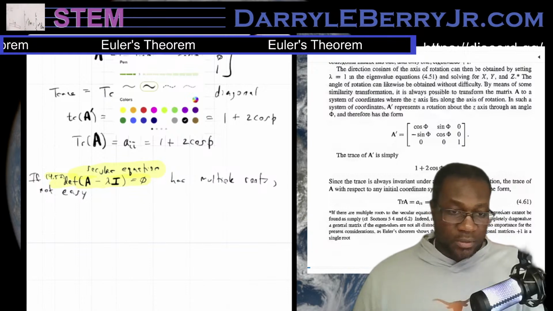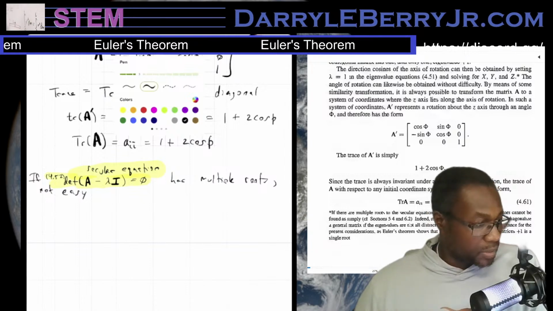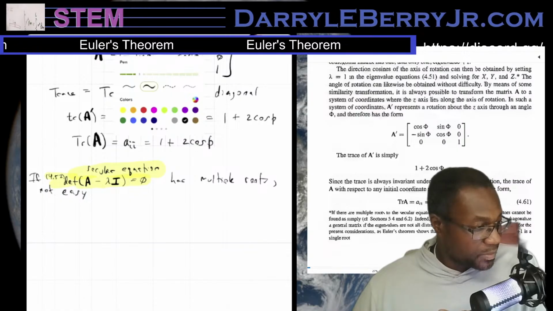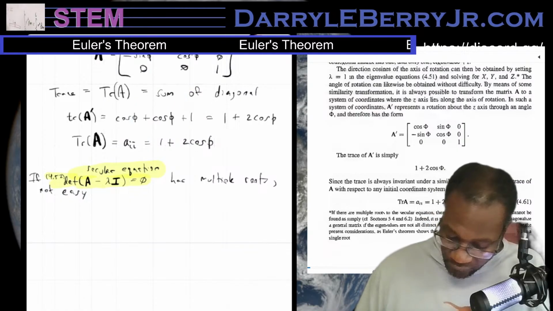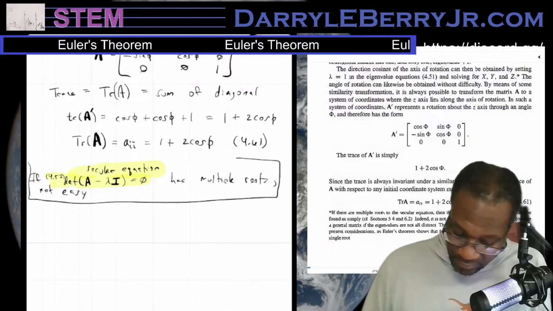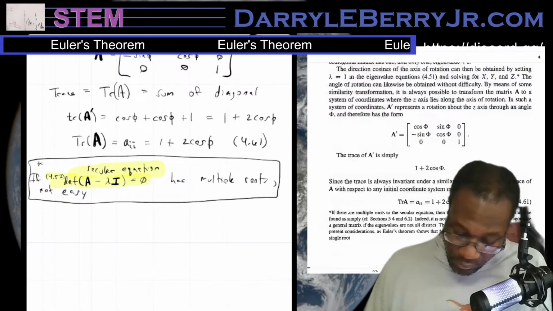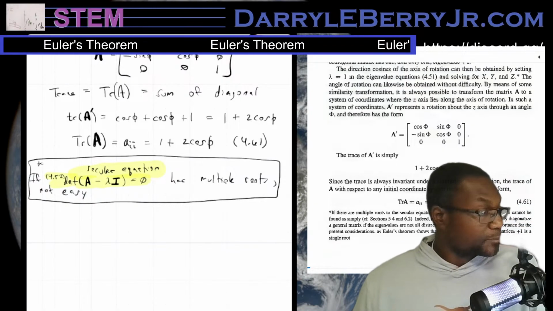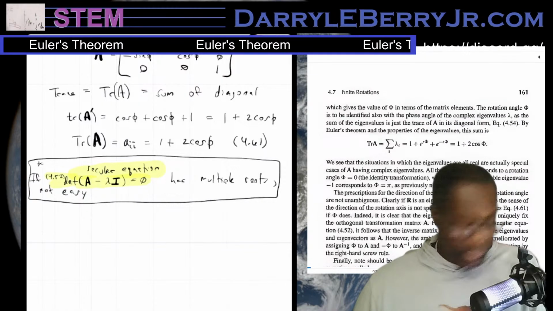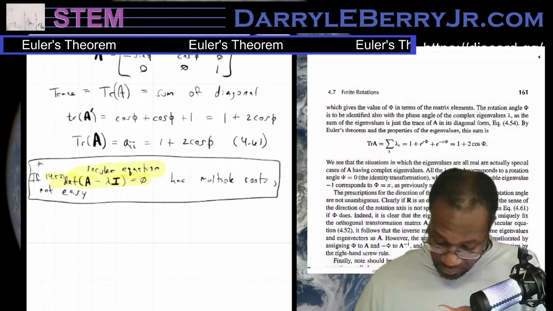So we have to remember that 1 is going to be a part of every single iteration in our experience. This was 4.61. This was an aside. That was the asterisk, which gives the value of phi in terms of the matrix elements. It's interesting.